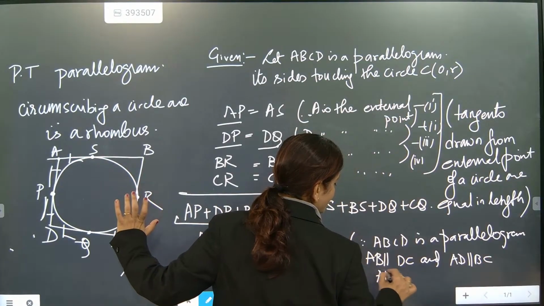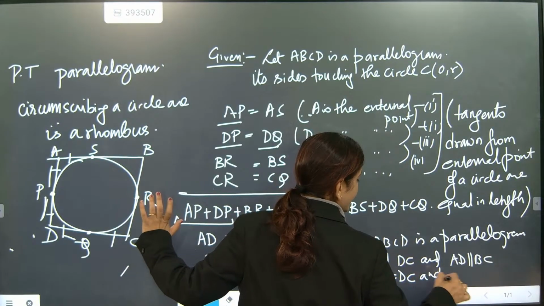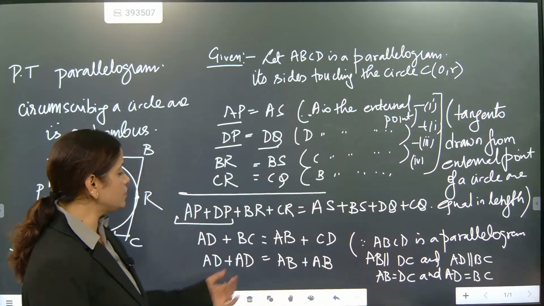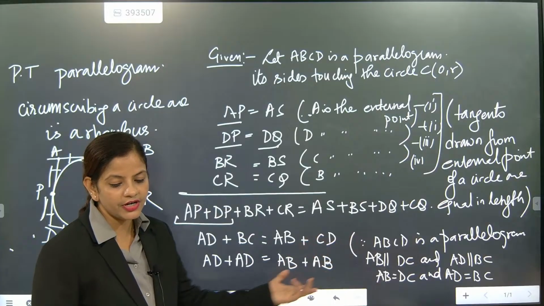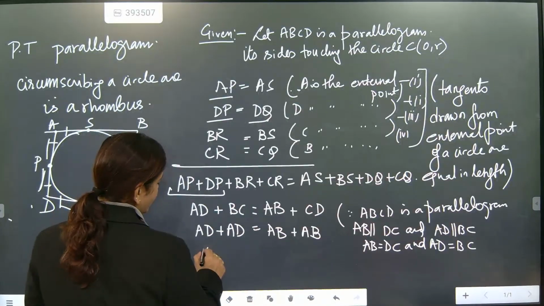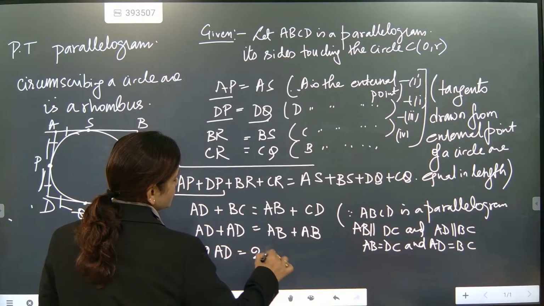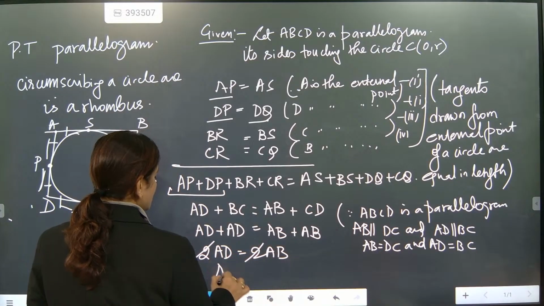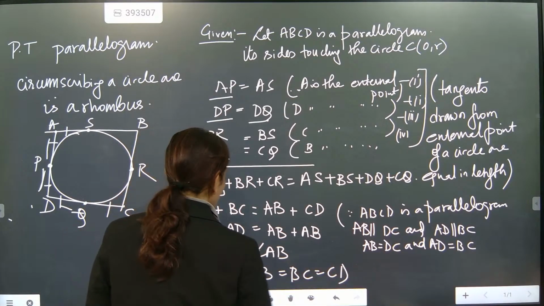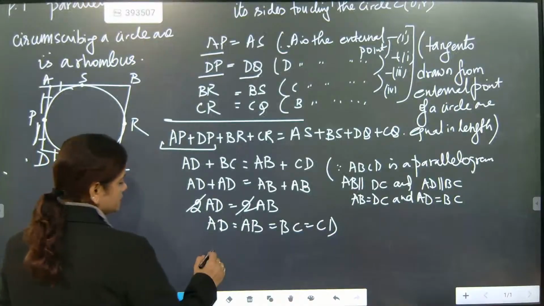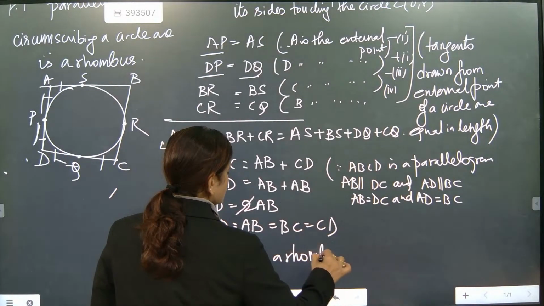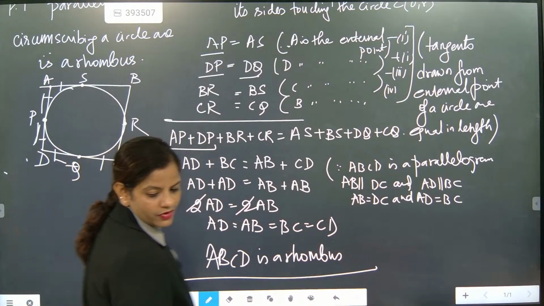So AB will be equal to DC and AD will be equal to BC. DC or CD, we have written it 2 times. So 2 times AD is equal to 2 times AB. Cancel. So AD is equal to AB, that is equal to BC is equal to CD. So that means ABCD is a rhombus. I hope you have understood.